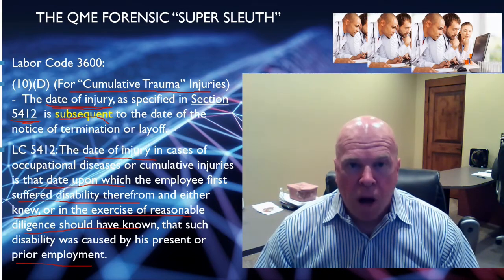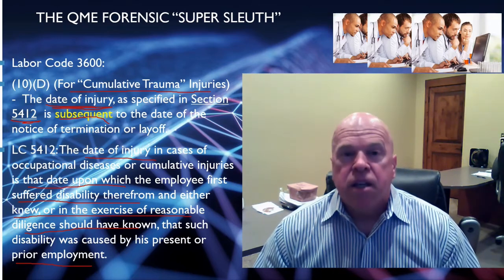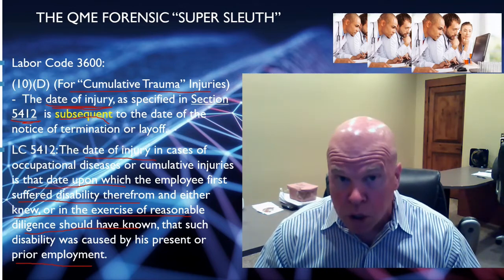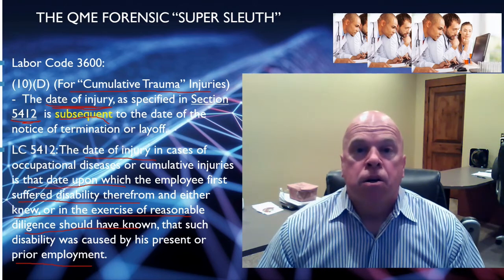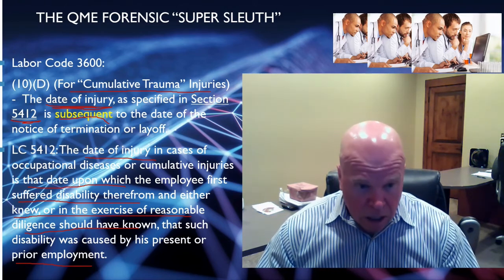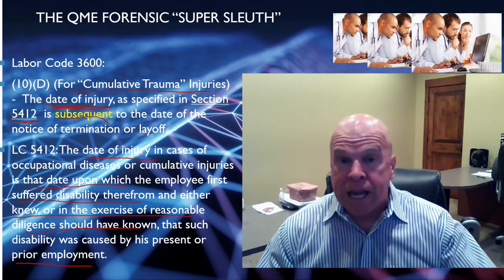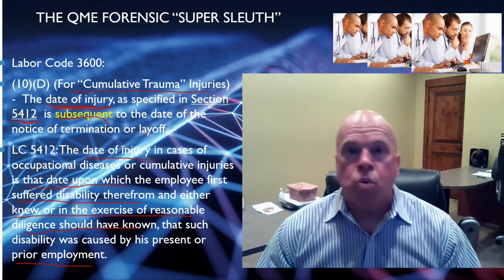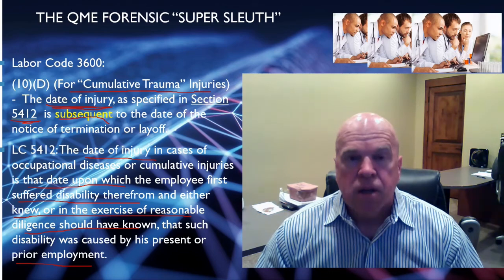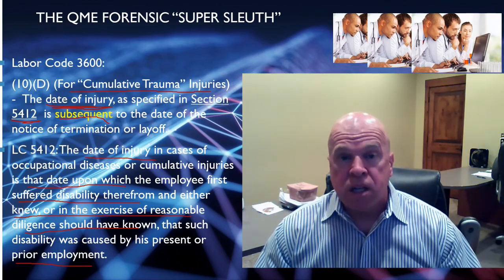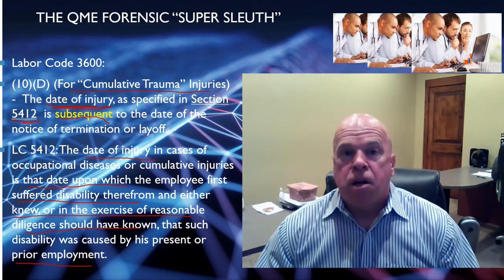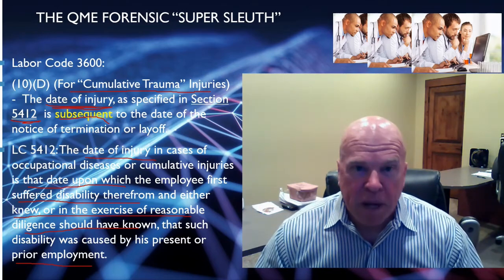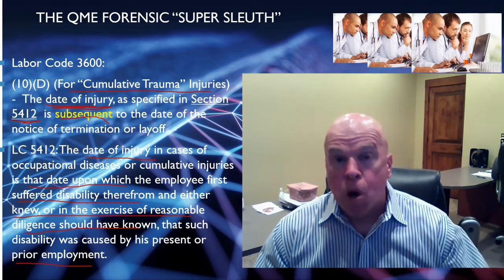So for cumulative trauma injury claims, the date of injury is the date upon which the employee first suffered disability from the cumulative exposure and gained the knowledge, meaning he knew or should have known, that the disability, the need for medical treatment, the inability to work, the work restrictions, the total temporary disability was caused by the present employment in the case of cumulative trauma injury claims filed while still with the employer, or caused by the prior employment for those cases that are filed post-employment.